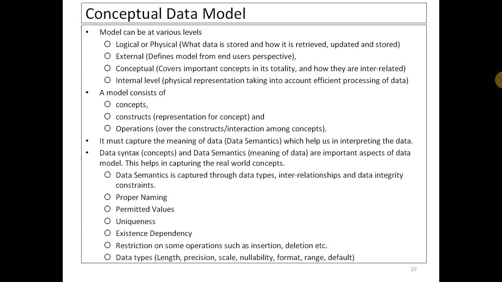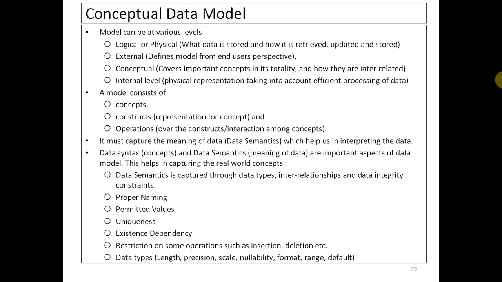Data syntax or concepts and data semantics are the two most important aspects of a data model, and it helps us in capturing the real world context or the concepts.